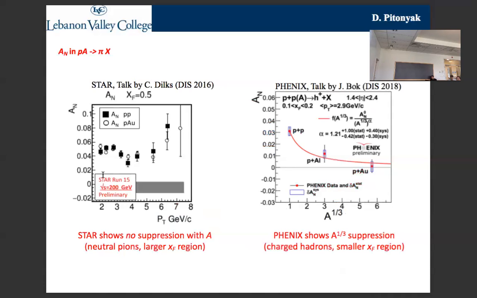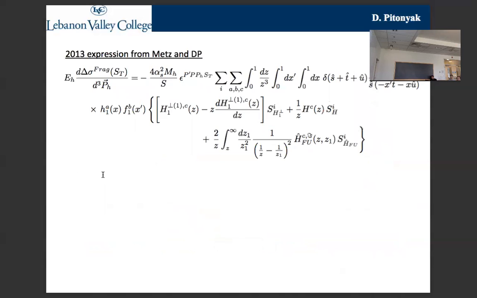I was told that there is no tension because it's different kinematic regions, but I'm actually puzzled by that, because I think there is a tension between STAR and PHENIX in what they get for A_N. So maybe that's left for later discussion.